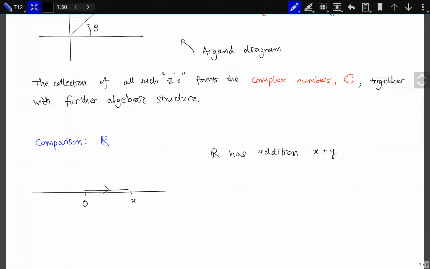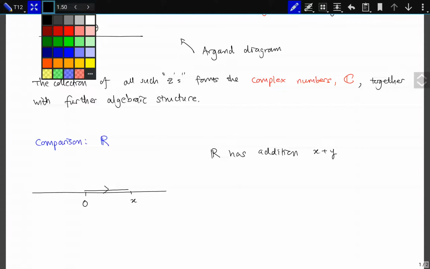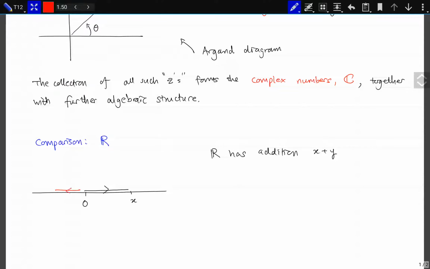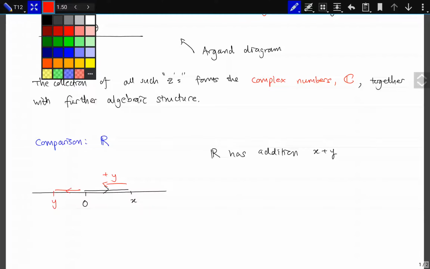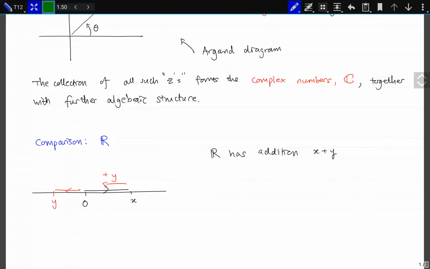Let's take two real numbers. What is addition, x plus y? It's going along by x and coming back by y. So you go along by x, and this gives you the composition x plus y, which is this amount.